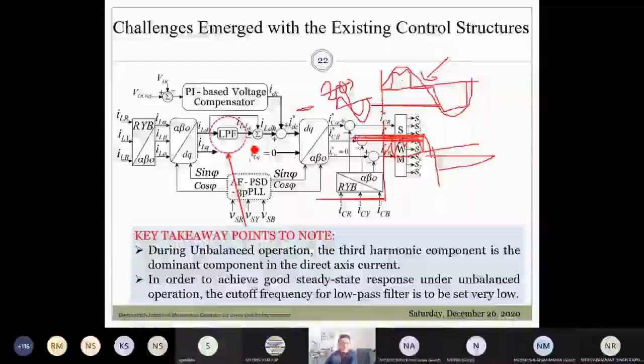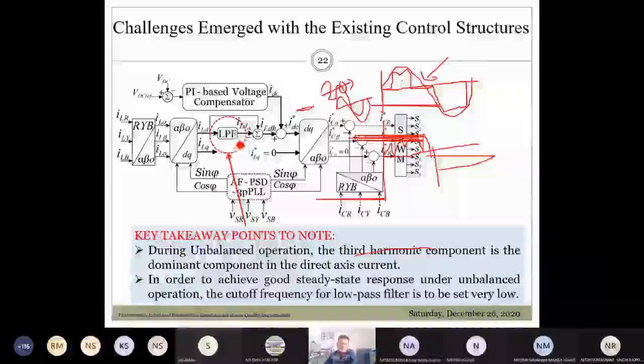Now, what is the problem with this low pass filter? If this synchronously rotating reference frame theory is employed to address power quality solutions with a balanced load, then it works absolutely fine during the steady state operation. However, if the loads are unbalanced, then the third order harmonic component is the dominant component. In that case, you have to set the cutoff frequency of this low pass filter to be very low.